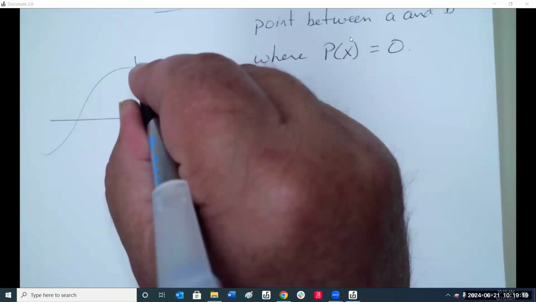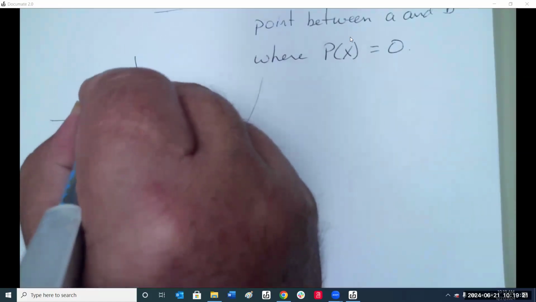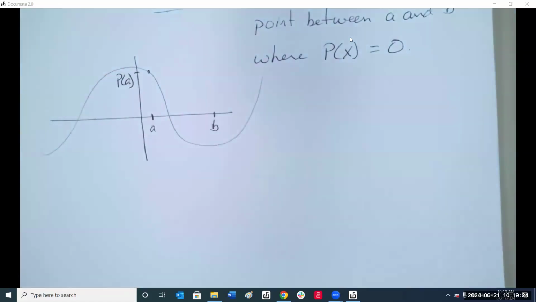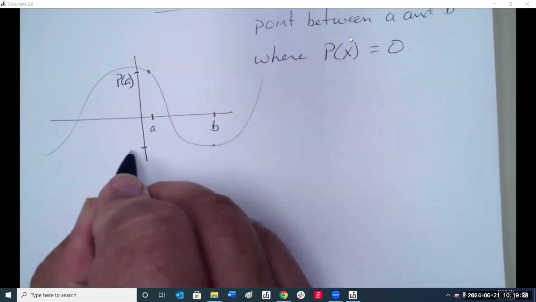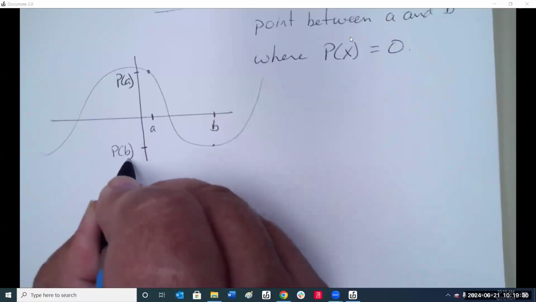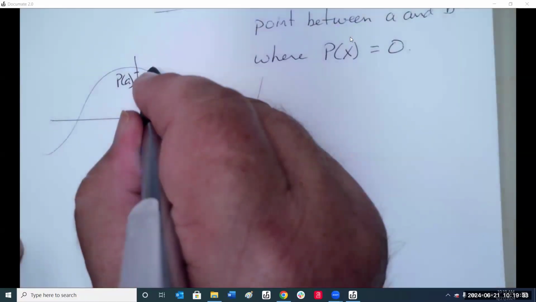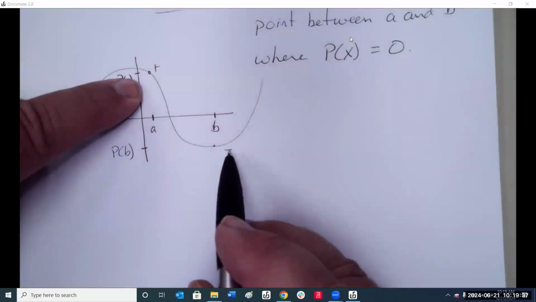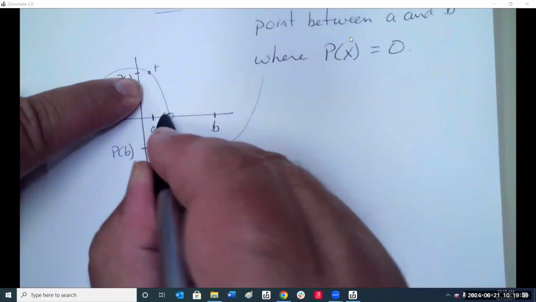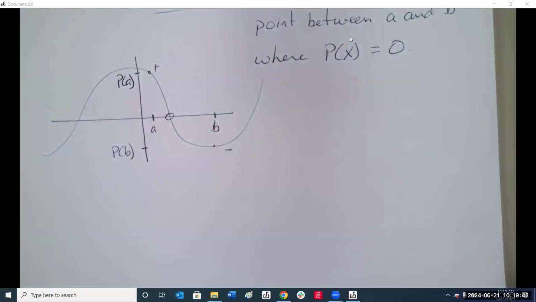If I plug in A inside the function, I get P of A. If I plug in B, I get P of B. This one's positive, this one's negative. Because they're opposite signs, there has to be at least one place where it crosses the x-axis. That's all it tells us. It doesn't tell us how many or where, it just tells us that one exists.